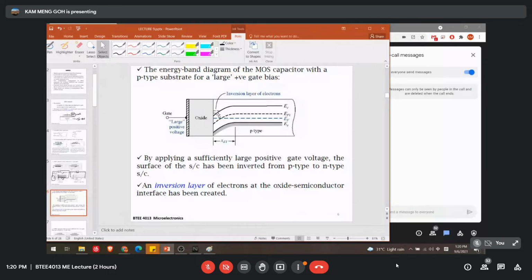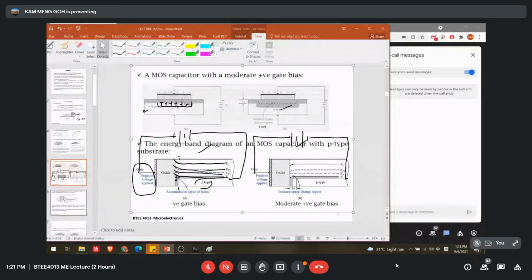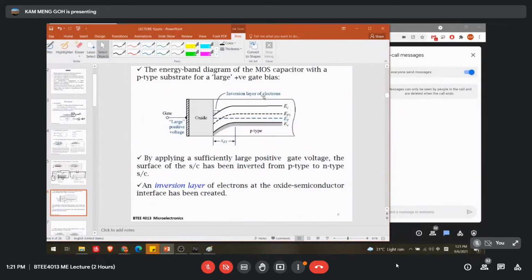We denote it as SD. But if we supply, let's say, 100 volt, it will induce more area. This area we call SDT. Just a denotation. And then this will be the inversion layer of the electron.